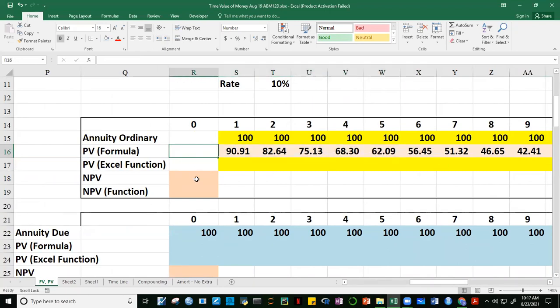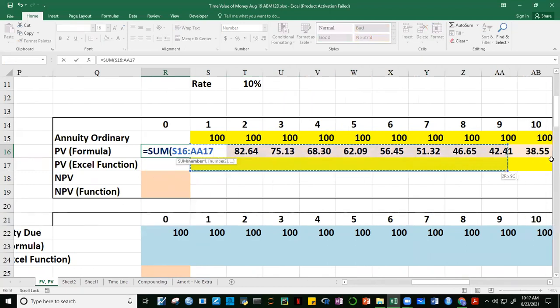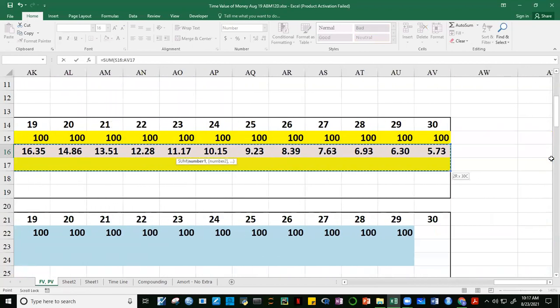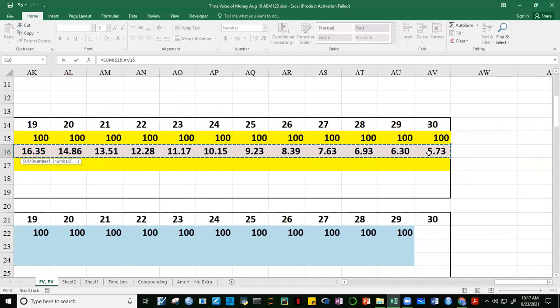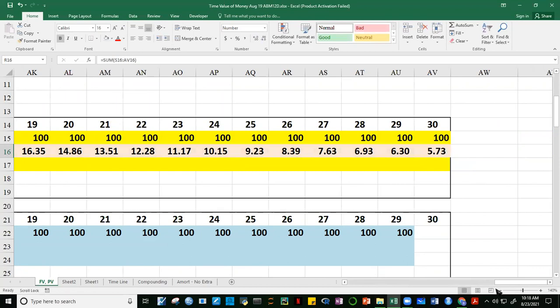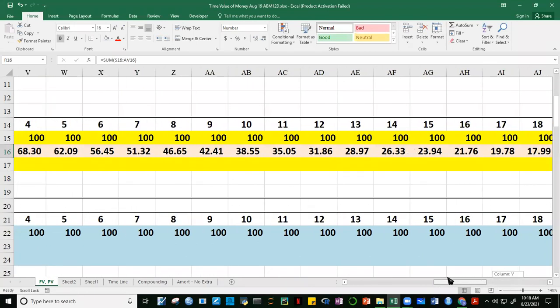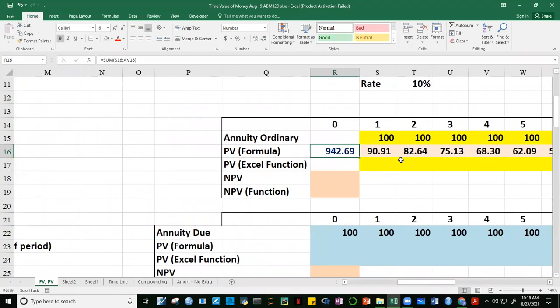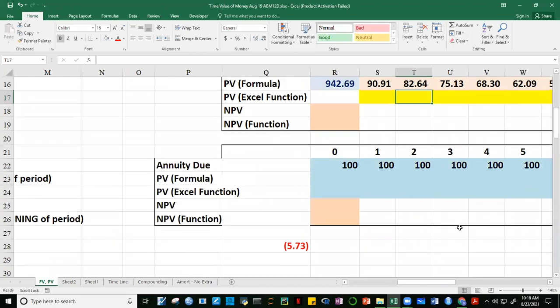So i-add natin siya, sum. Okay, and then we're getting 942.69. Okay? So, anong ibig sabihin yan, guys?